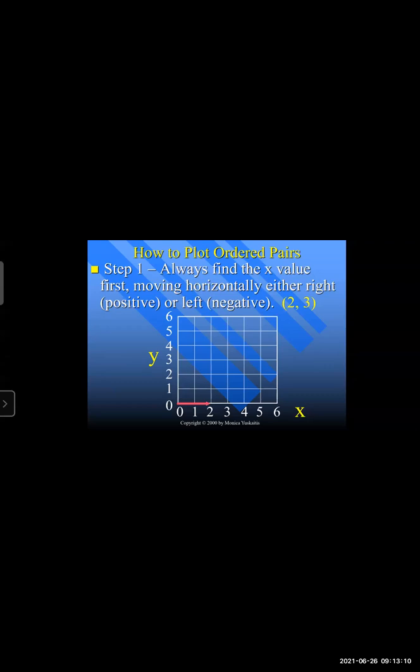Listen, students. First you find the x value and then check whether it is positive or negative. If it is positive, then move towards the right. If it is negative, move towards the left on the horizontal line. So in the given coordinate, 2 is positive, so we move right from the origin.